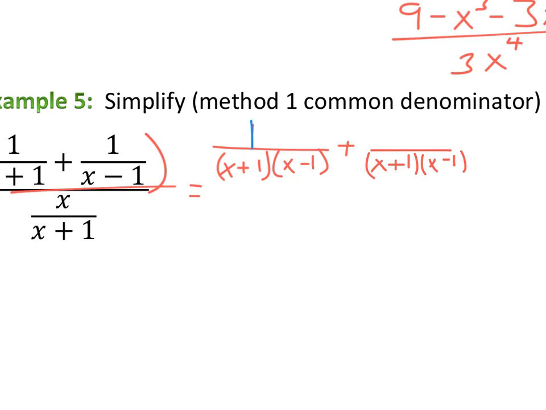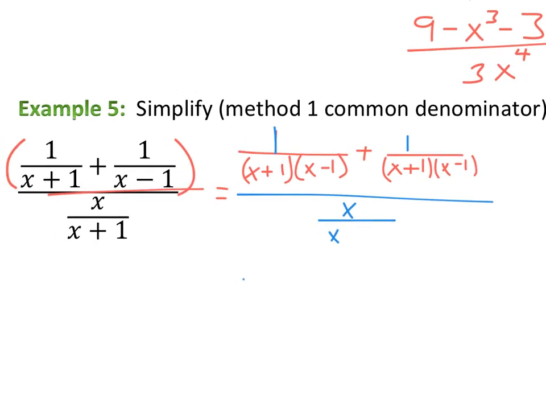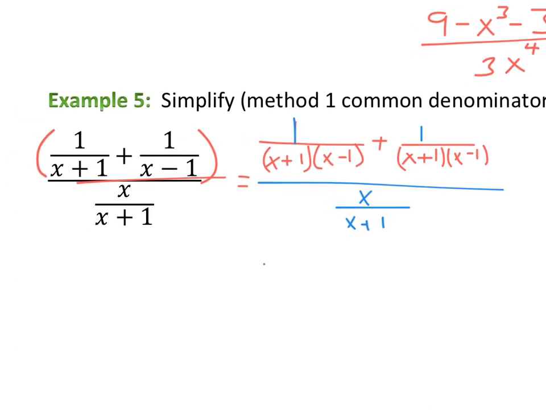I want to make sure I'm color coding stuff. I'll just carry everything else over. And we can't just add stuff to the bottom of a fraction willy-nilly. So the first fraction, the new piece on the bottom, is x minus 1. And for the second fraction, it looks to be the x plus 1.